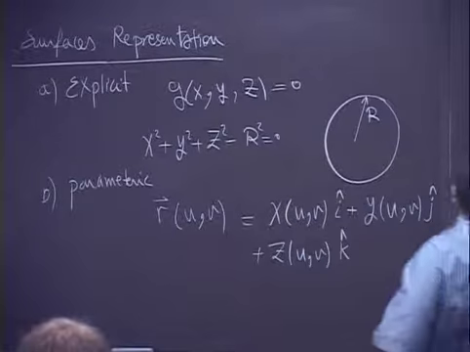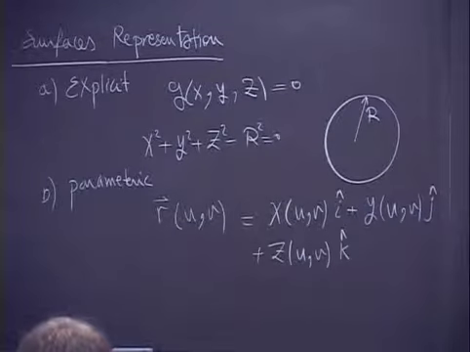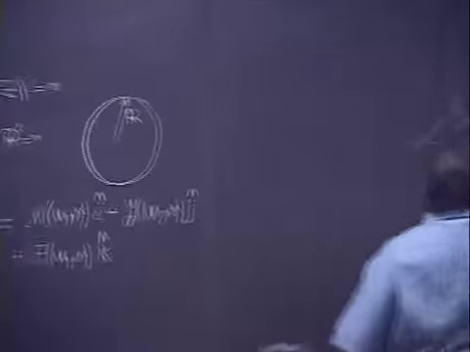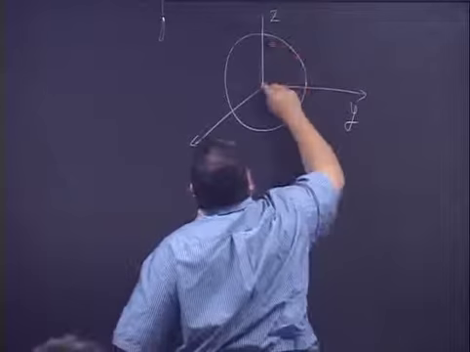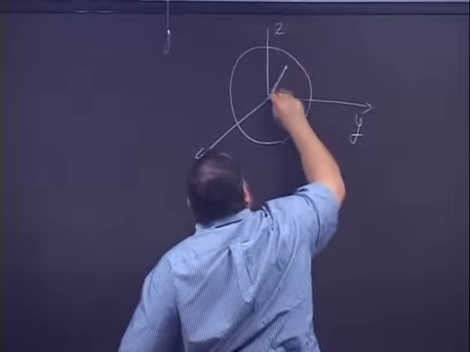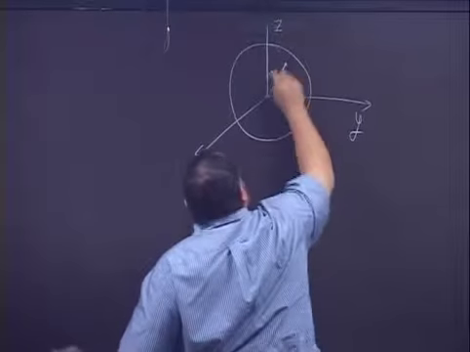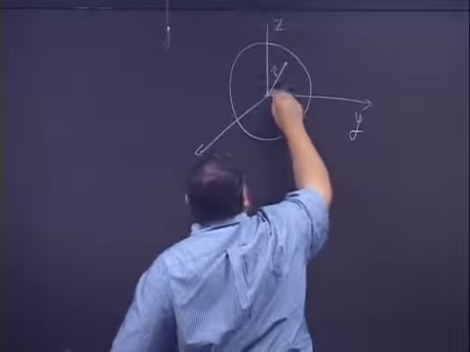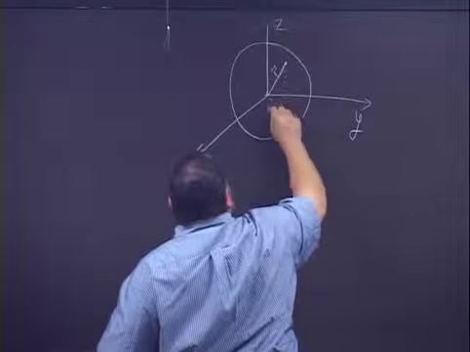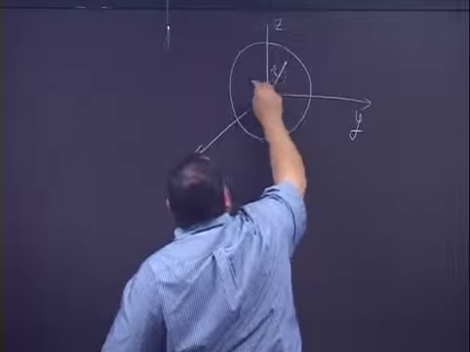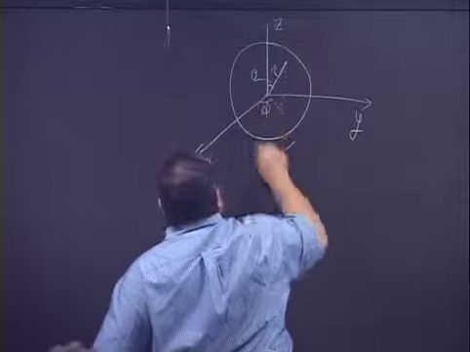To give an example, again the sphere. The sphere is here, and this is x, y, and z. There is a point here on the surface of the sphere. We'll have a position vector r, and it has angle theta and angle phi.